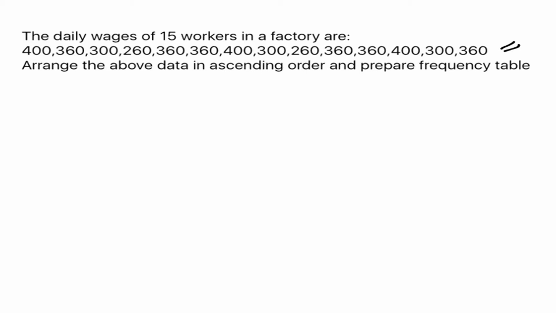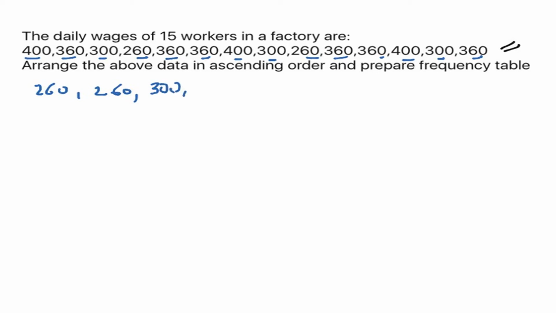So for this, first of all we will arrange the data in ascending order. So we will get 260, we have 260 2 times. Then we have 300, we can count from here 1, 2, 3, so we have 300 3 times.